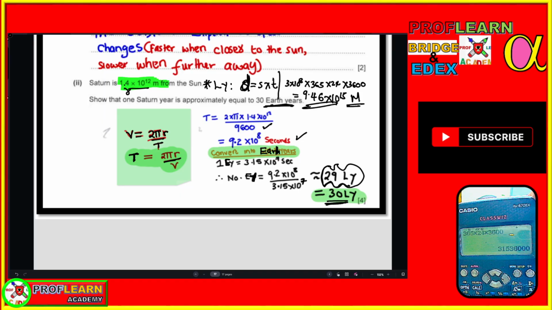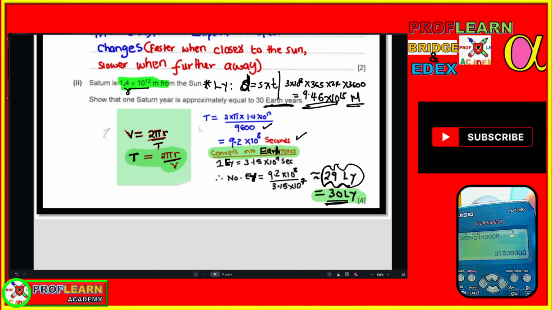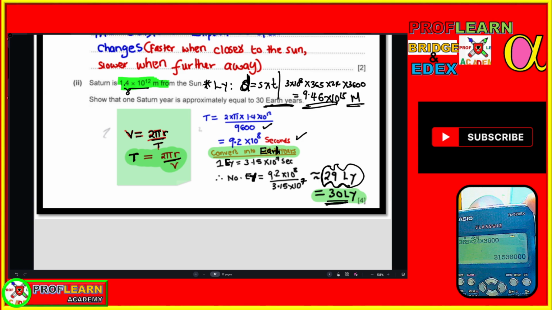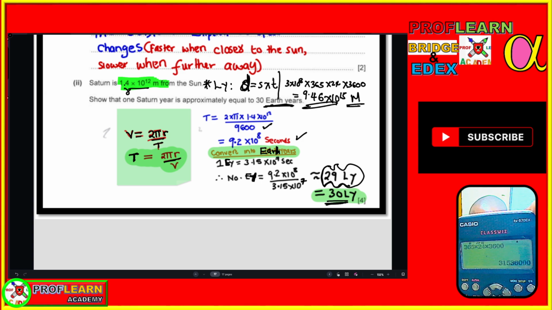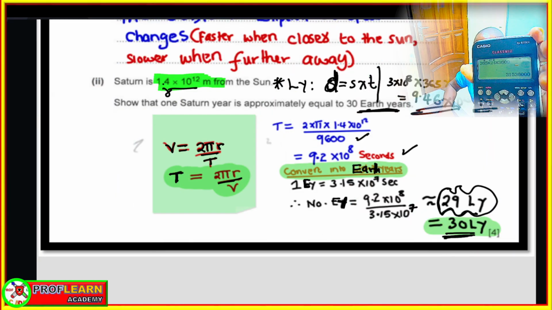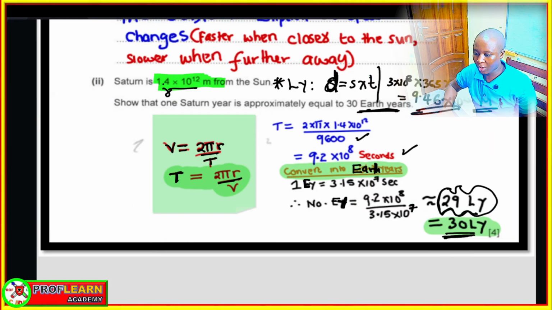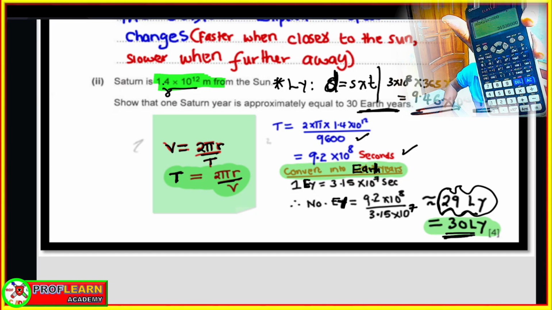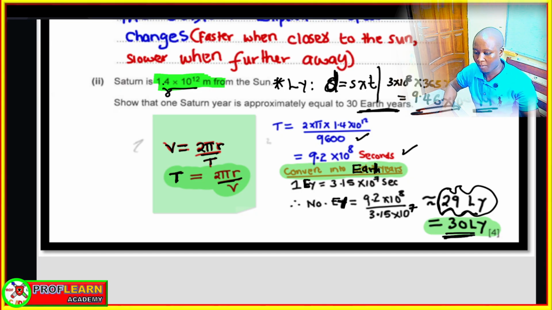In 1 year, how many seconds do we have on earth? Then if you write this in standard form, you are going to get 3.15 times 10 to the power 7. That's why I was having that value there, right? So that's exactly what you are supposed to do in that particular question.